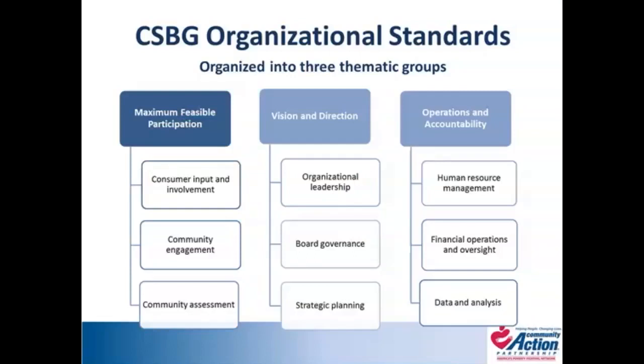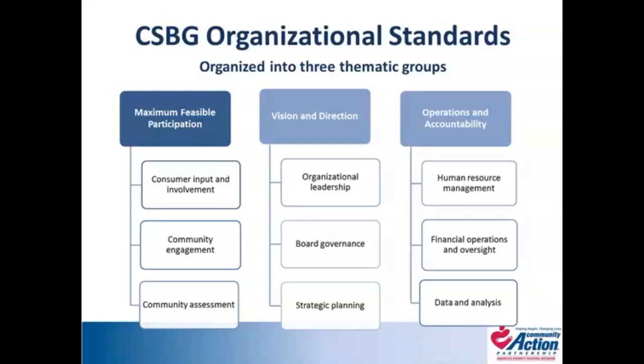So those organizational standards give us a sense of accountability. This allows all 1,000 agencies, public and private, to be held accountable to the same 58 standards if you're a nonprofit private CAP, or 50 standards if you're a public CAP. They are identified under maximum feasible participation, leadership or vision and direction, and operations and accountability. And then there are standards within each of these sections that agencies every year have to be held accountable to.